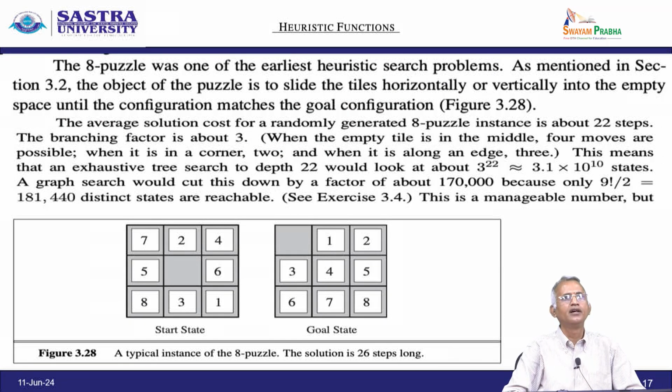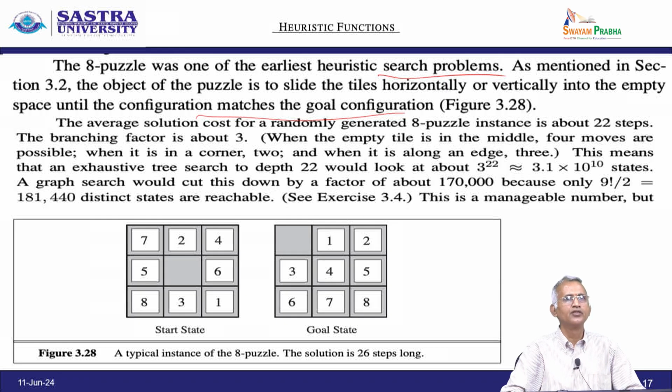Now, we have a heuristic function. The 8-puzzle was one of the earliest heuristic search problems, as mentioned in the section. The object of the puzzle is to slide the tiles horizontally or vertically into the empty space until the configuration matches the goal configuration. For the goal configuration pictured in figure 3.28, the solution is 26 steps long.